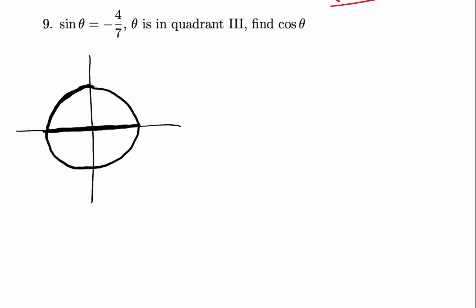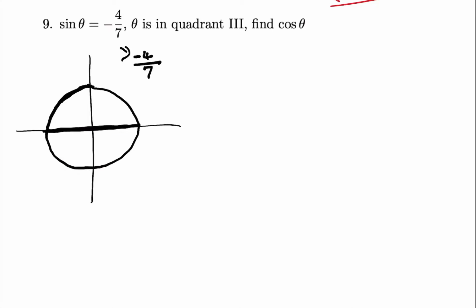We can view the radius as always a positive length, and negative 4 means we have a negative direction in terms of vertical distance. So in this case, the radius is 7, but the vertical distance is 4.